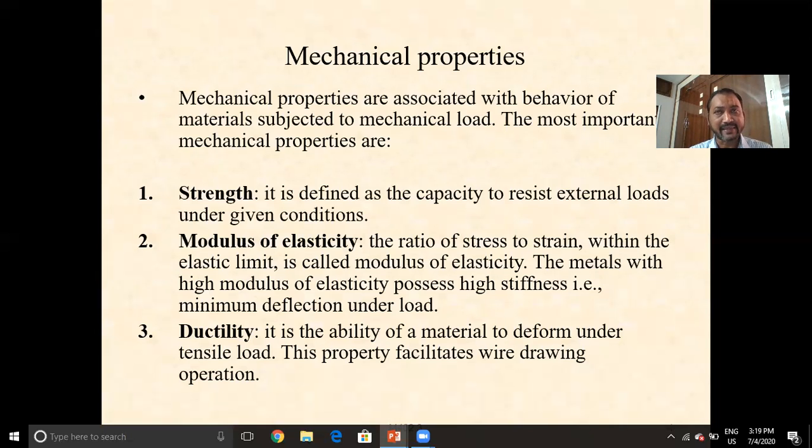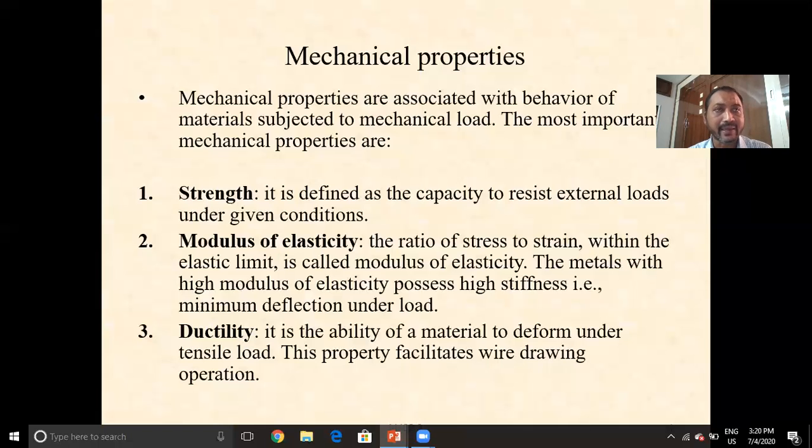Our subject, solid mechanics or strength of materials, got its name from this property. In all cases, first of all, we consider the strength of a material, and based on the strength of the given material, we select it for the suitable purpose.